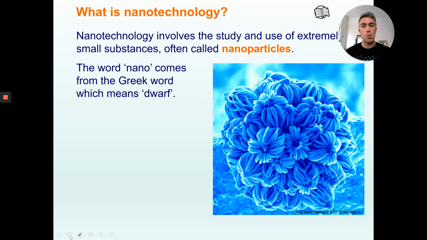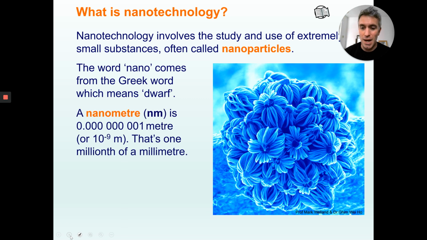It comes from the Greek word which means dwarf, and a nanometer is 0.000000001 of a meter. In standard form, that's 10 to the minus 9 meters, or a millionth of a millimeter, a billionth of a meter. Take 1 meter, divide it into a billion equal segments, and each one will be classed as a nanometer.